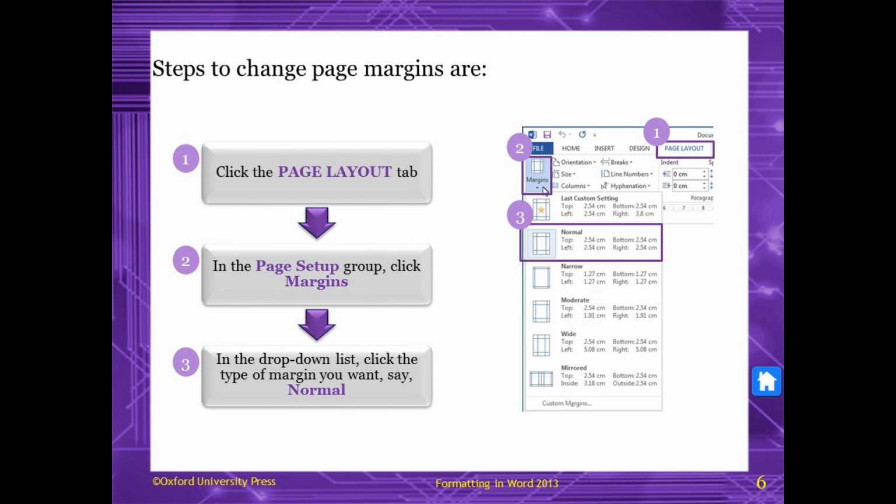First of all, click the Page Layout tab. In the Page Setup group, click Margins, and there will be a drop-down list of margin sizes. Click on any margin you want to set, either Normal or any other, and that margin will be applied on your page.